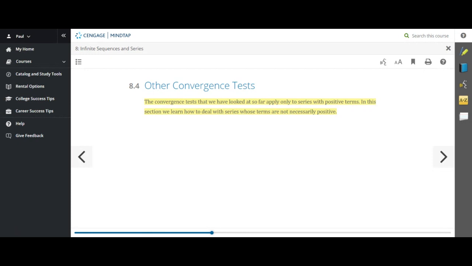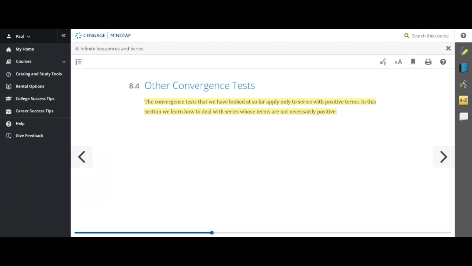And in section 8.3, all the terms of the series were positive. So we could try an integral test, or a comparison test or a limit comparison test to determine convergence or divergence of those series. And sometimes one test will work while another test will not work.